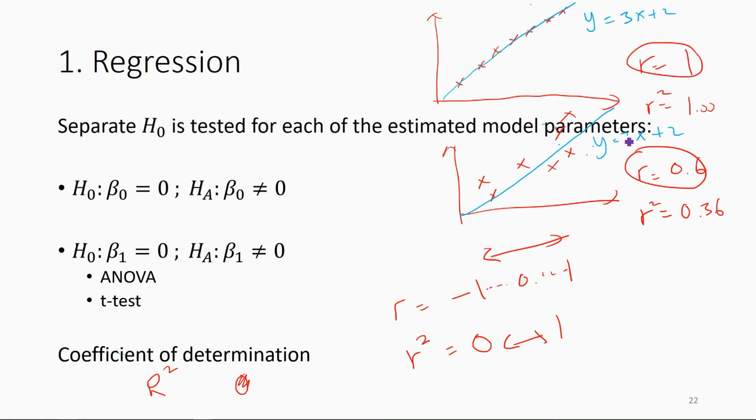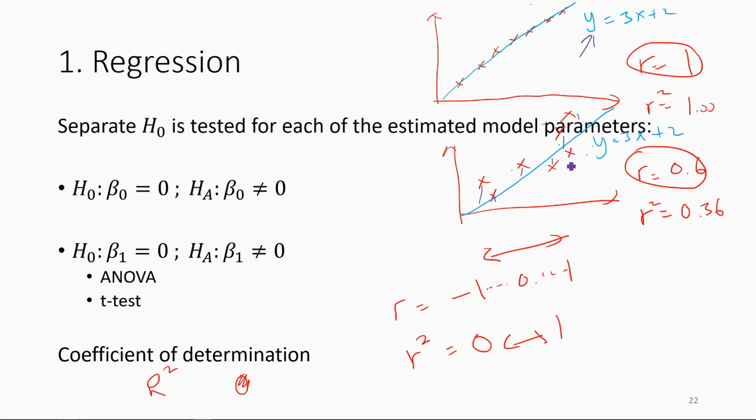So there must be a measurement to show the difference. You know that this model is a better model for this data set because it is almost perfect. They explain all the variance.